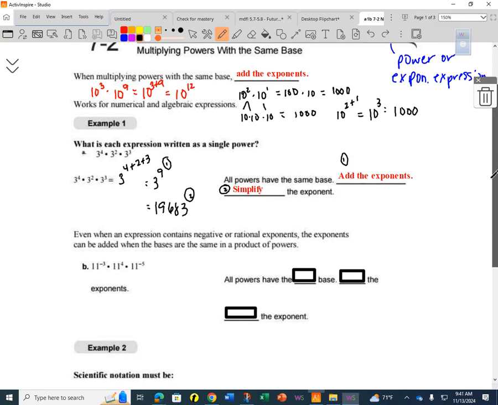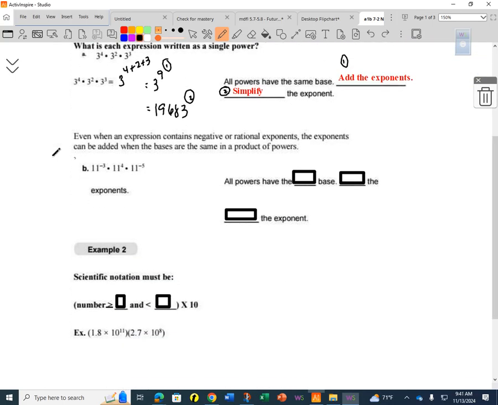All right, so let's look at this example on B. Are all the bases the same? 11 to the negative third, 11 to the fourth, times 11 to the negative fifth. All of those are the same. So we're going to add the exponents.